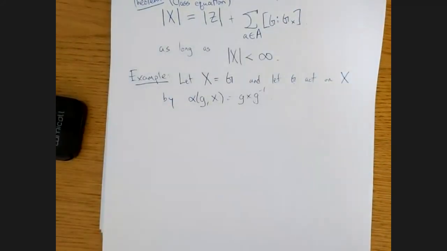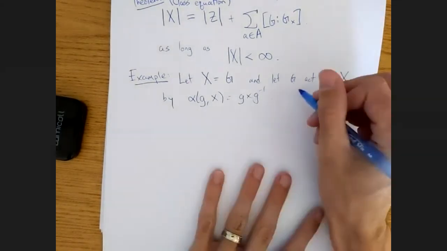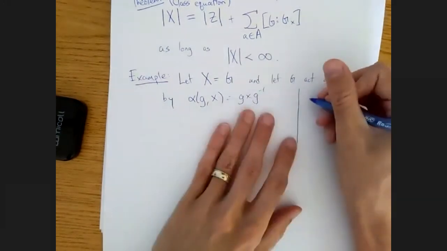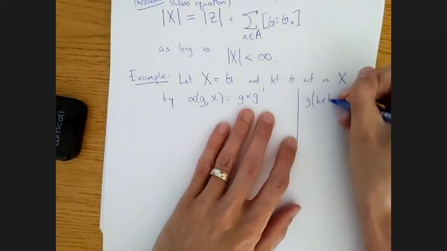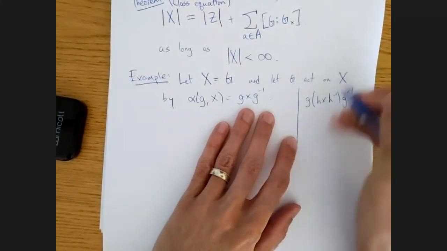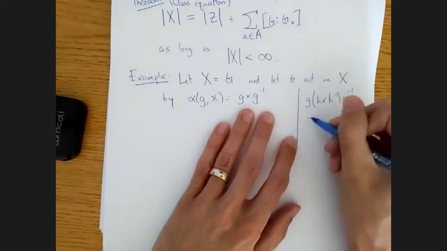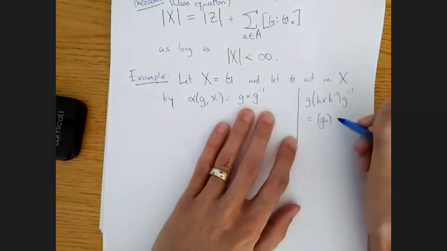Okay. This is a group action because when you do ghx h inverse g inverse, when you conjugate first by h and then by g, that's just like conjugating by gh.